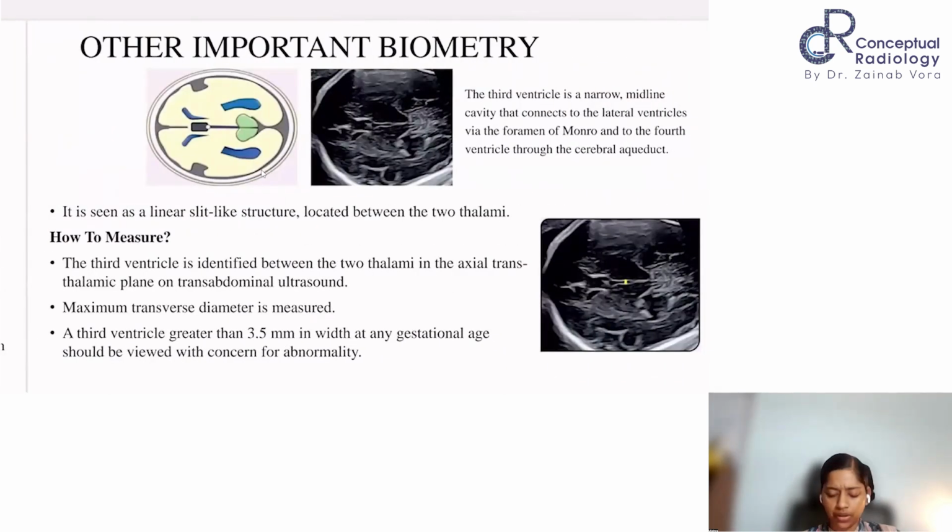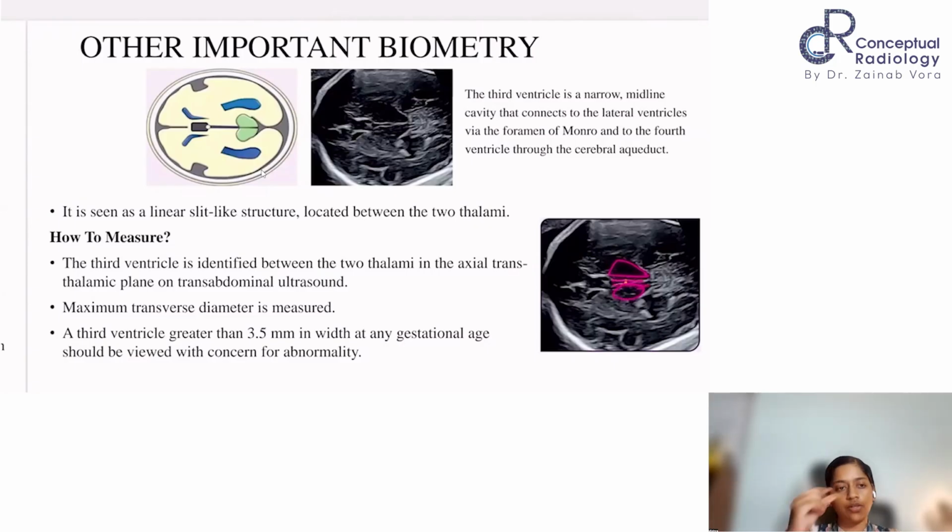Now, some other important but easy biometries, first is the third ventricle. I have written the definition also, so you know where the third ventricle is. The job of this ventricle is to connect the lateral ventricles to the fourth ventricle via foramen of Monro and aqueduct. So in sagittal plane, it looks better. How do we measure it? First, identify the third ventricle. It lies in between the thalami.